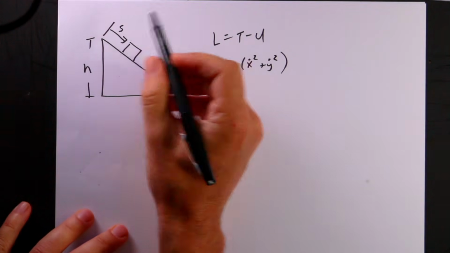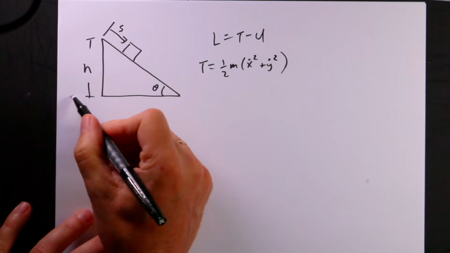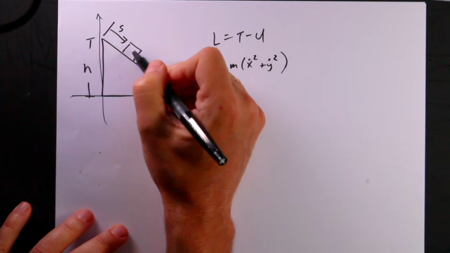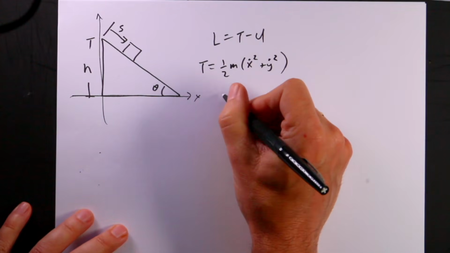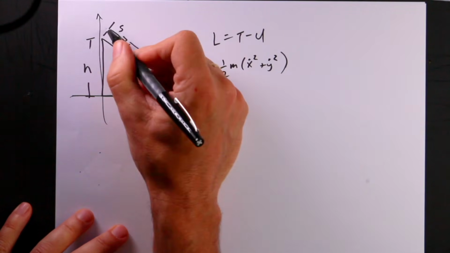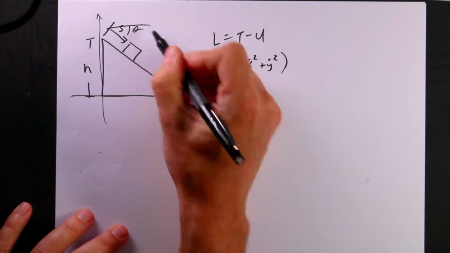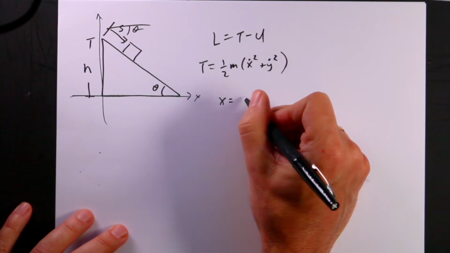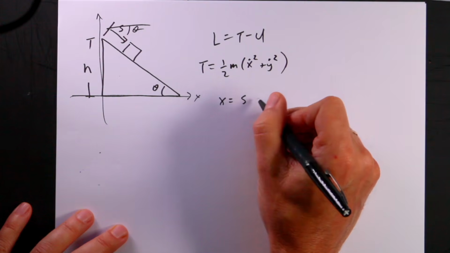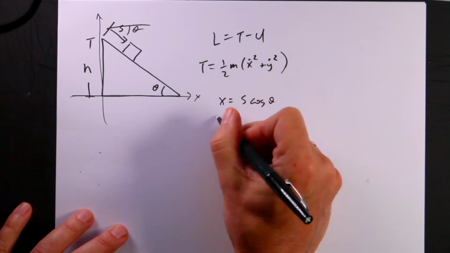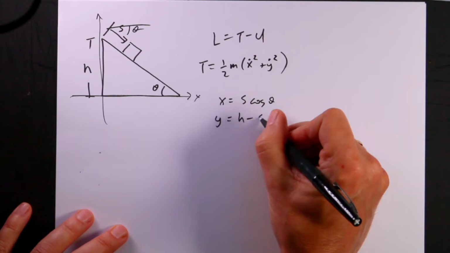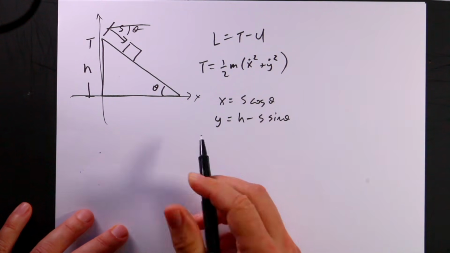So let's say this is the origin, my xy plane. So the motion the block is going to have, in terms of this angle theta, right? That angle is theta. So I can say x equals s cosine theta, y equals h minus s sine theta.